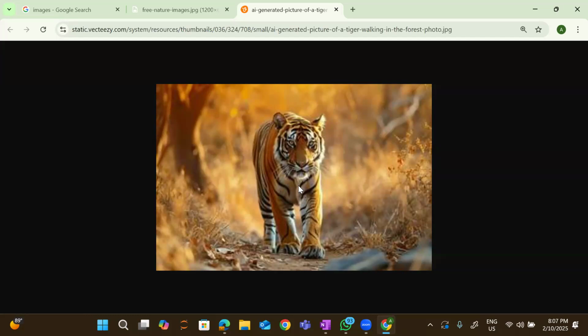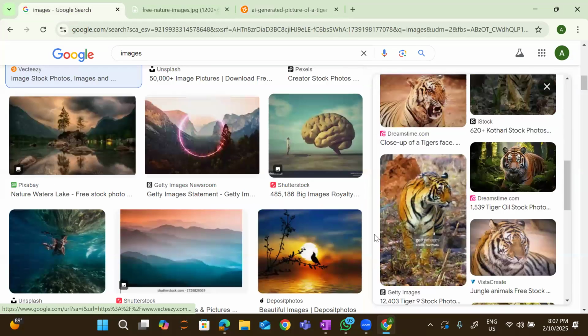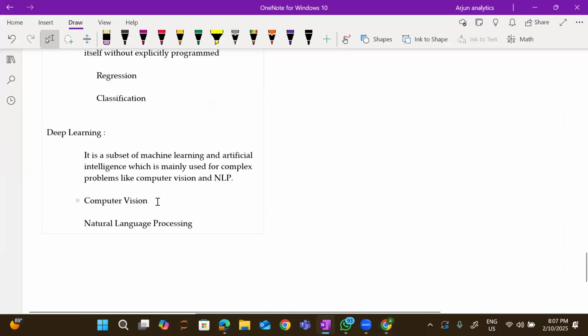This is the process that goes on in our brain. The same capability I am giving to the computers.